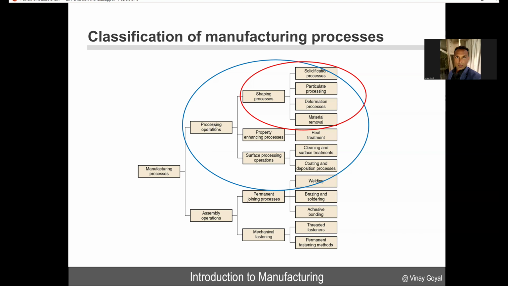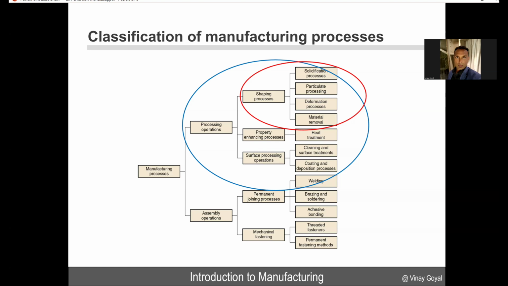Now, when I look at processing operations, that can be further examined by looking at shaping processes, property enhancing processes, and surface processing operations. And from here, we have a further division. Shaping processes can require solidification processes, particulate processes, deformation processes, and material removal. Machining is an example of material removal.